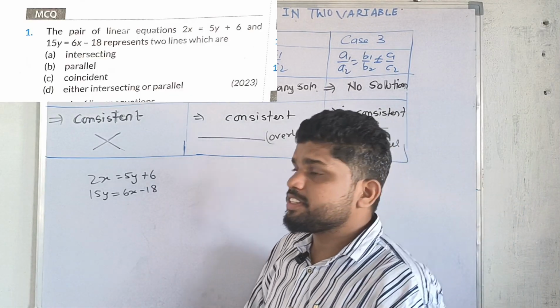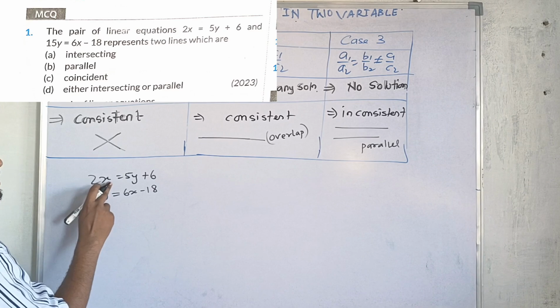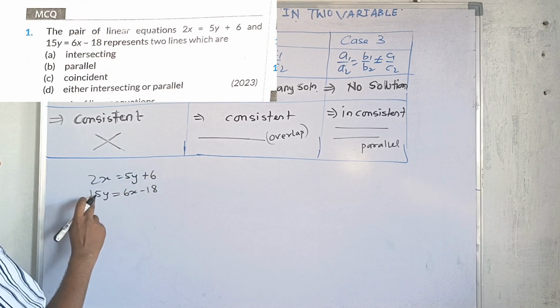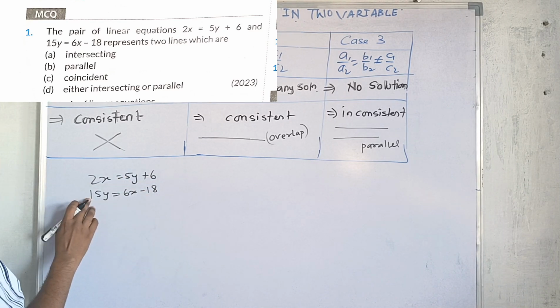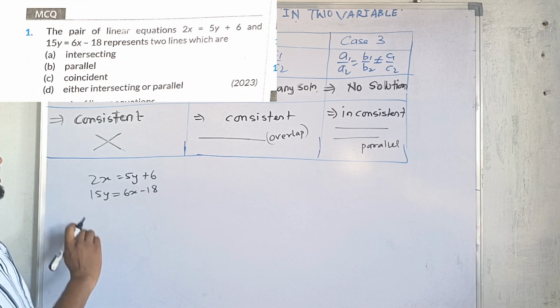Now here students, the equation is 2x equals 5y plus 6 and the other equation is 15y equals 6x minus 18.